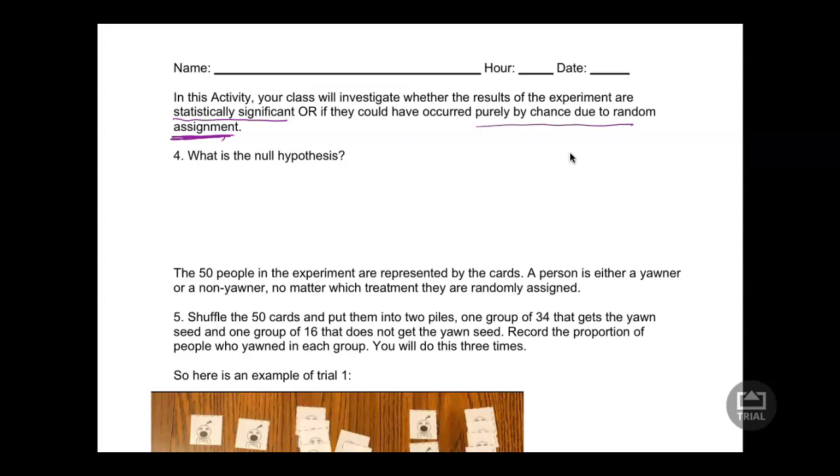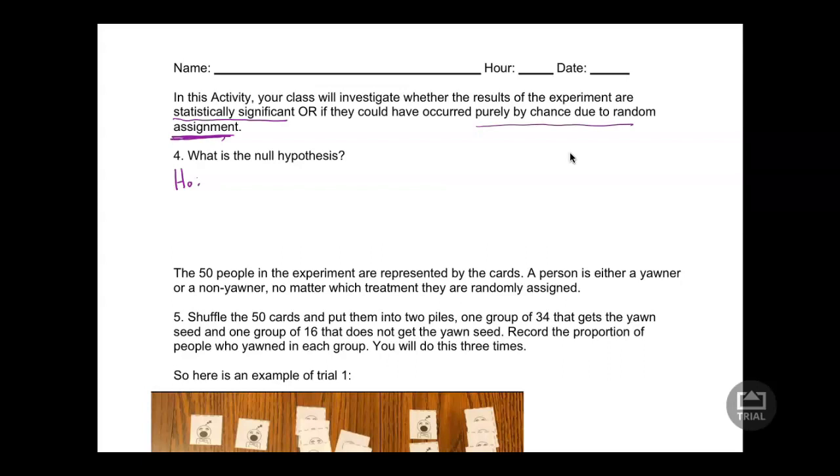So what would be the null hypothesis? Now again, I'm going to introduce this to you today, but we will develop this more in the next couple of days. So the null is, they're convinced that yawning is contagious, right? So again, the alternative is what we want to test, what we want to prove true, we want to test it against the null.